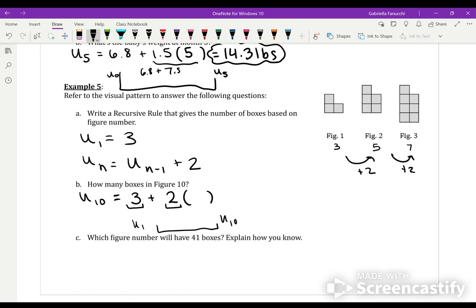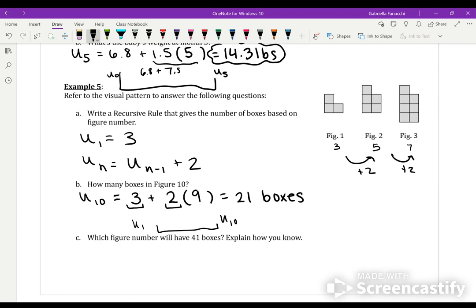I add it 9 times, so 2 plus 2 plus 2, 9 times. 2 times 9 is 18. What's 18 plus 3? 21. So there's going to be 21 boxes in figure 10.